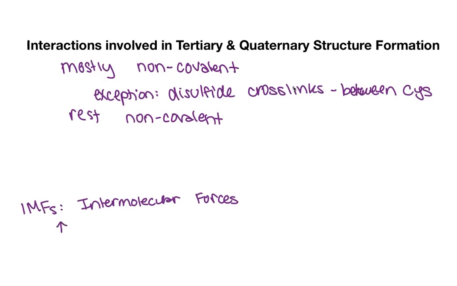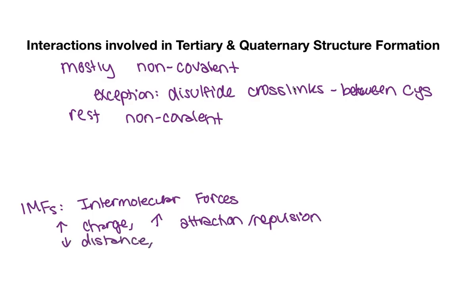Remember, think back on Coulomb's law. We said if we had greater charge, that would be greater attraction or repulsion, but we're just going to be talking in the case of attraction, so we're going to be thinking about opposite charges. What else did we say? We said that if we had a shorter distance, that was going to be a greater attraction.